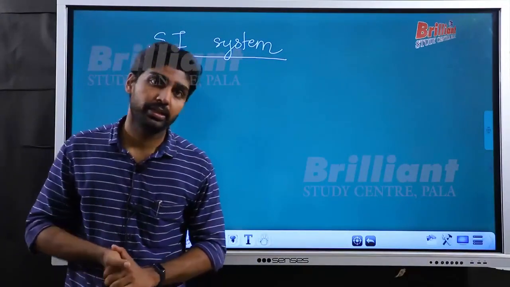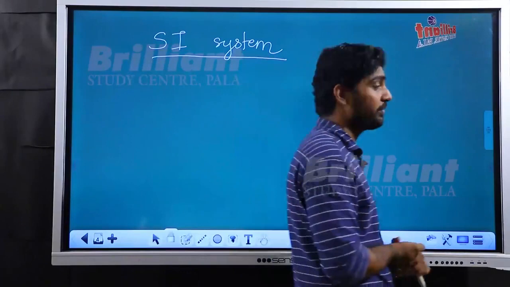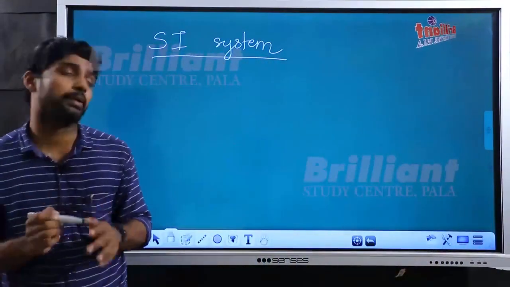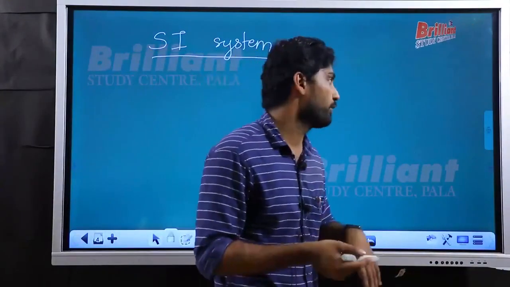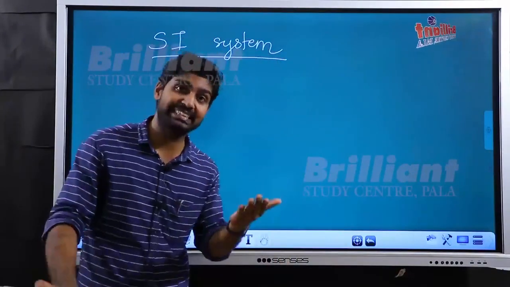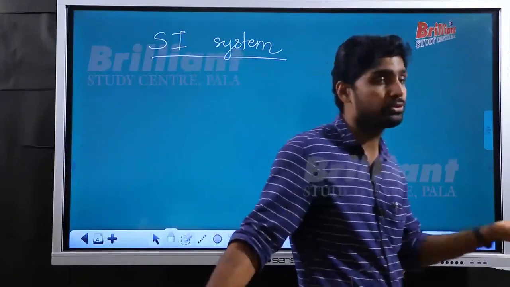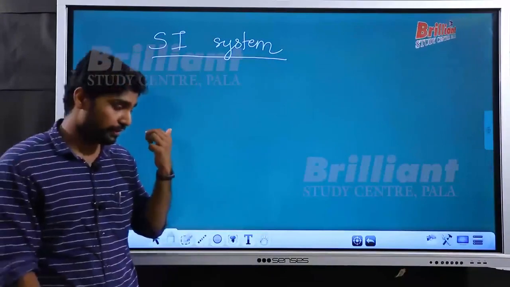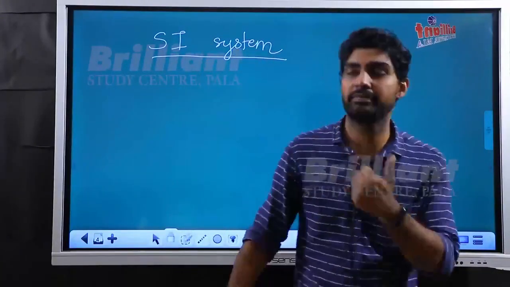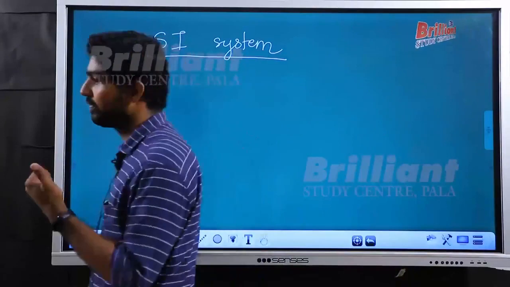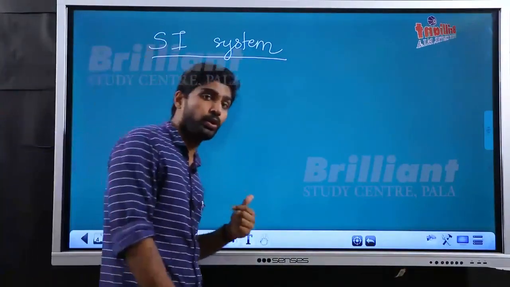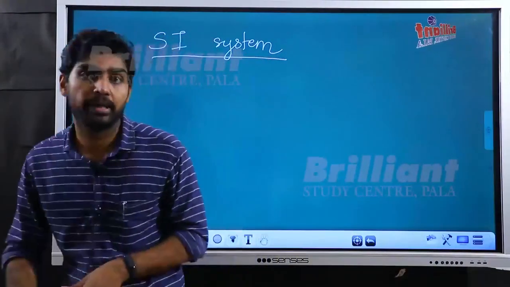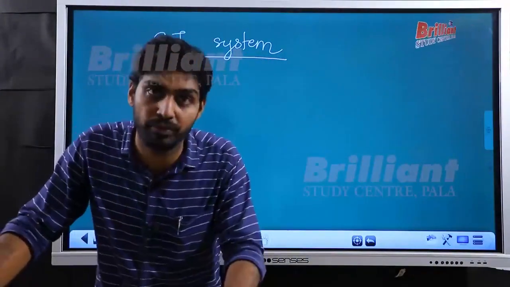So here, the units that we have seen when we studied fundamental units: the unit of length is meter, the unit of mass is kilogram, the unit of time is seconds, the unit of electric current is ampere, the unit of temperature is Kelvin, the unit of amount of substance is mole, and the unit of luminous intensity is candela. These all belong to the SI system of units.